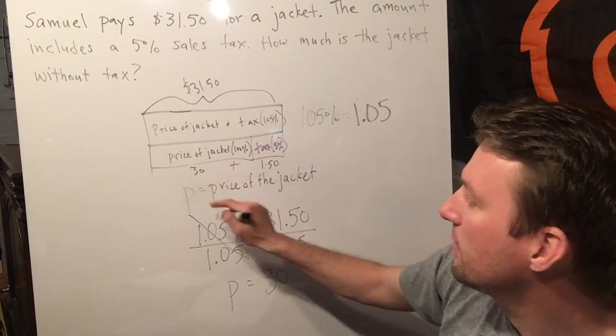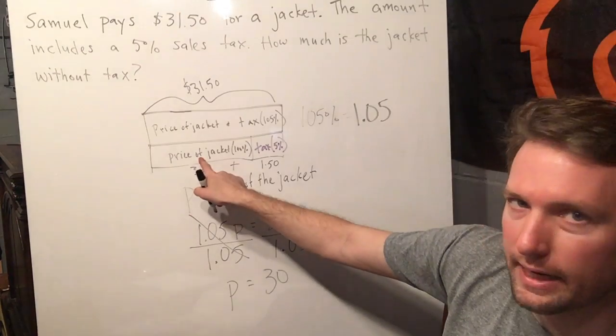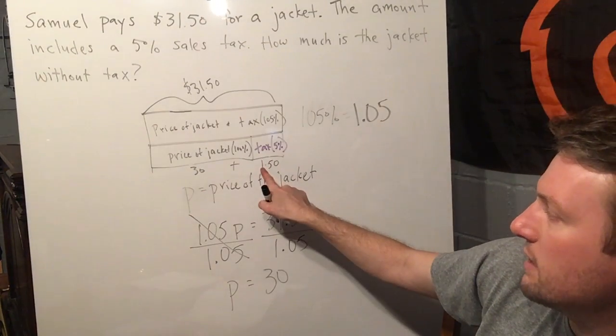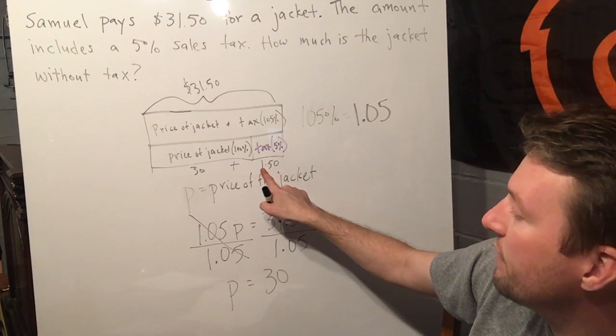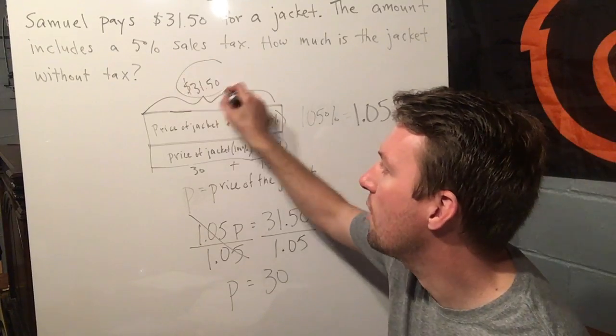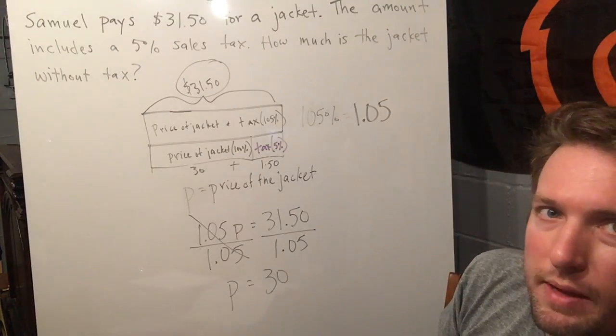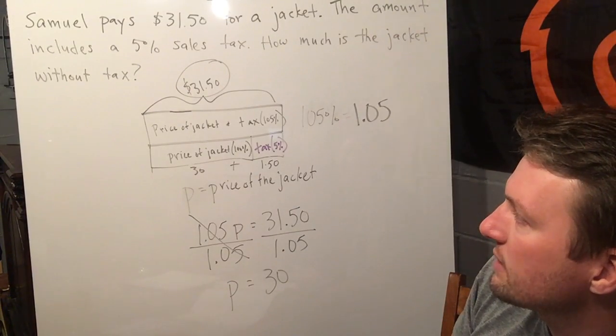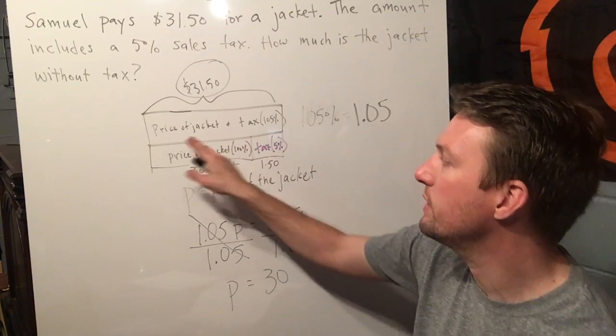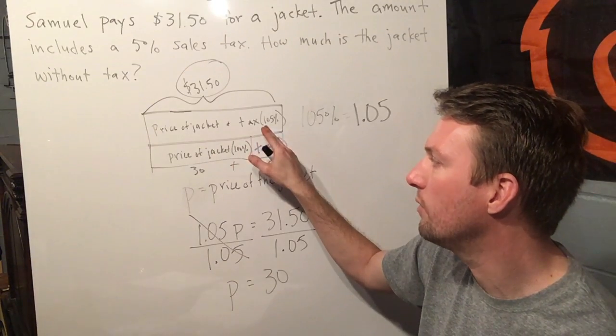So together, the $30 jacket plus the 5% tax of $1.50 would give us the total cost of the jacket, which would be $31.50.